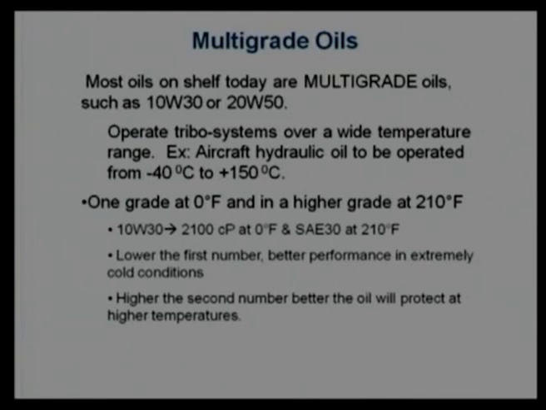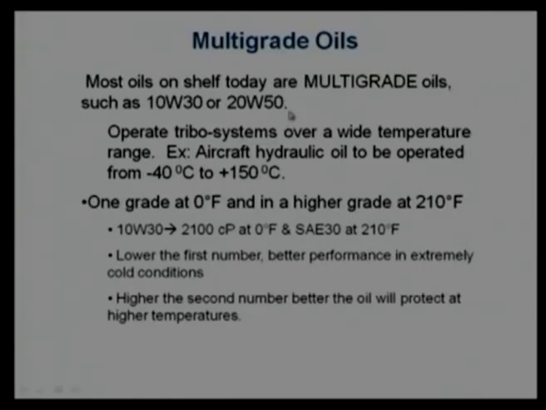But if cost is a major consideration, then we can go ahead with some sort of multi-grade oil. Multi-grade oil shows one grade at 0 degrees Fahrenheit and a higher grade at 210 or 212 degrees Fahrenheit. This is, as I mentioned initially, the same 10W30 example: very high viscosity at 0 degrees Fahrenheit and SAE 30 characteristics at 210 degrees Fahrenheit.